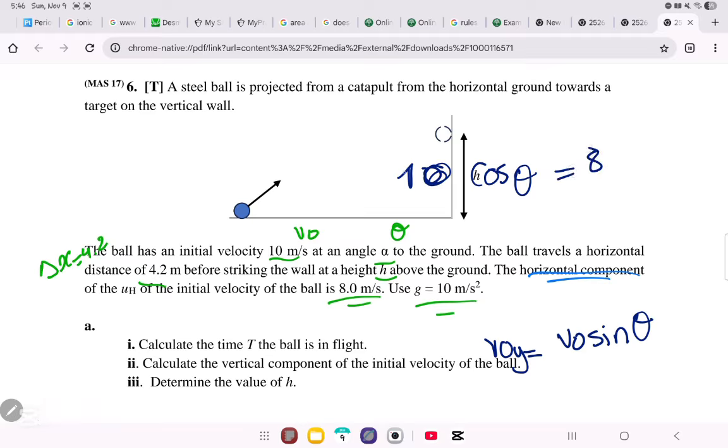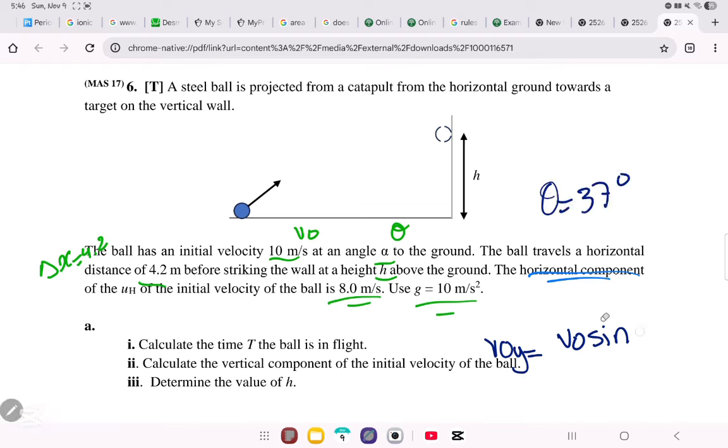So cosine theta is 8 over 10. So theta is cosine inverse 8 over 10. It is 37 degrees. So now I can substitute it here. 10 sine 37 will give me my answer to be 6. So the vertical component of the initial velocity is 6 meters per second.